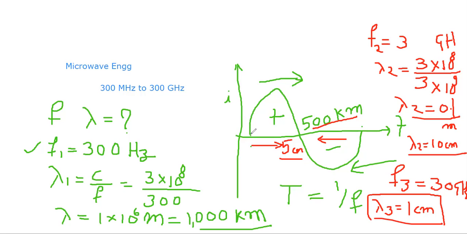In 1 centimeter, you will have a complete positive waveform and negative waveform. This is happening completely in 1 centimeter, if I am considering the 30 gigahertz. So 1 centimeter forward, 1 centimeter complete waveform. So 0.5 centimeter here and 0.5 centimeter here.